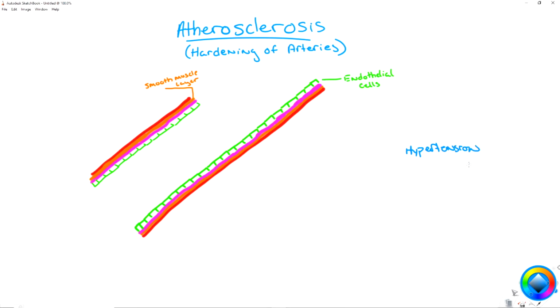Your chronically high blood pressure patients are going to be at a bigger risk for developing atherosclerosis. I want you to imagine, there's no real way for me to draw it, that there is a high pressure system going through this artery here. So this patient has chronic hypertension.